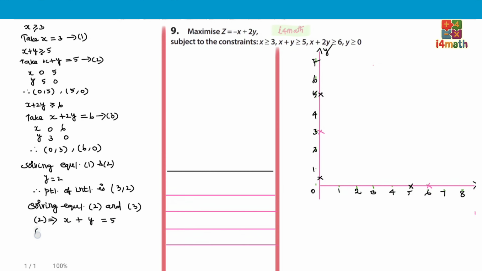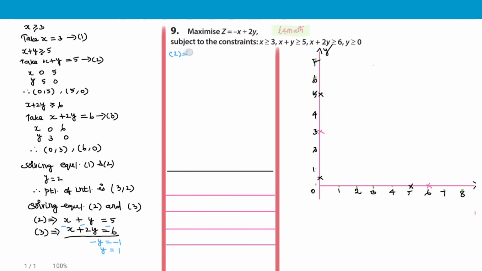What is equation 3? x plus 2y which is equal to 6. Now change the sign. It is minus, here minus and here minus. x minus x, 0. y minus 2y minus y which is equal to 5 minus 6 minus 1. So y which is equal to plus 1.